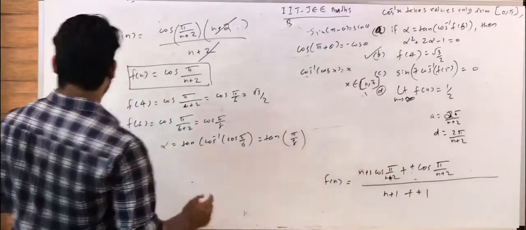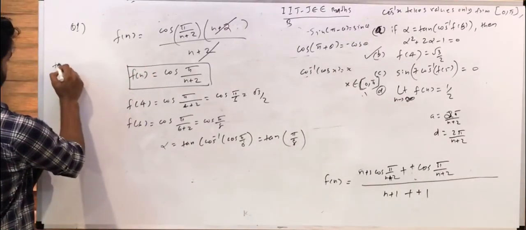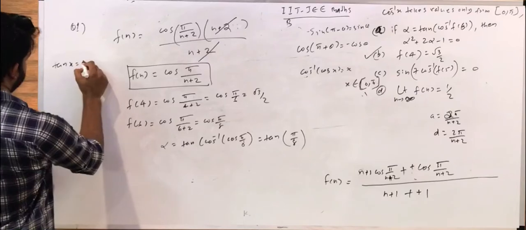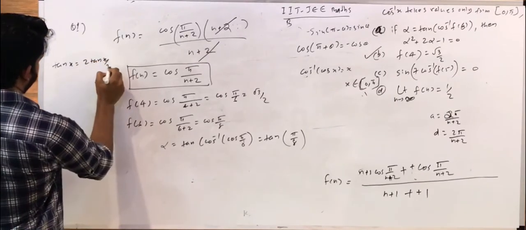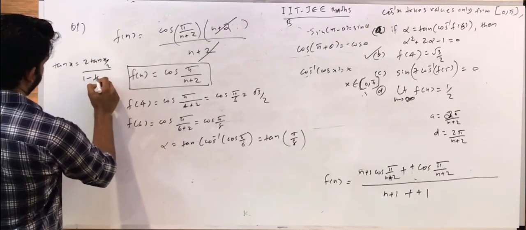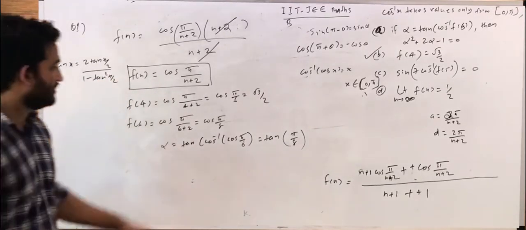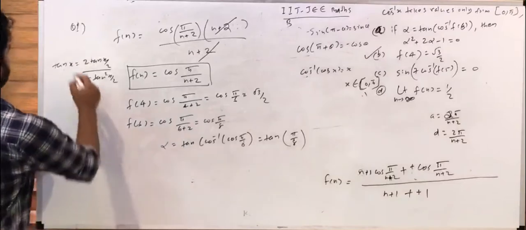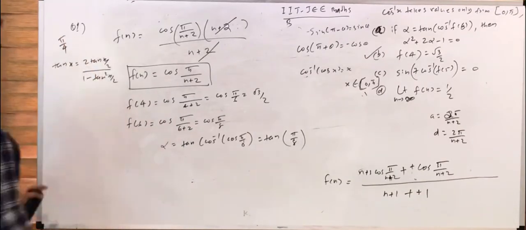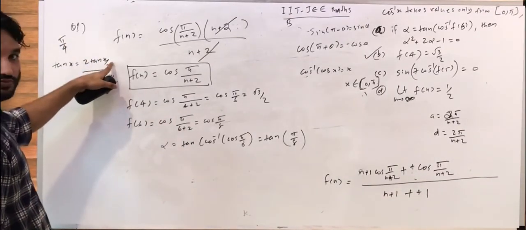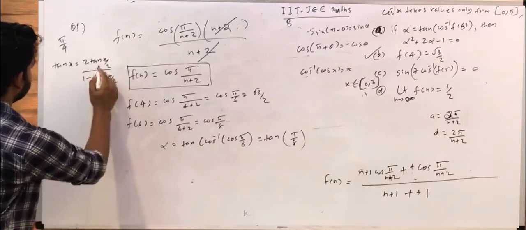We have one formula, that is tan x is equal to 2 tan x by 2 divided by 1 minus tan square x by 2. So if I take x is equal to pi by 4, then tan x by 2 becomes tan pi by 8.